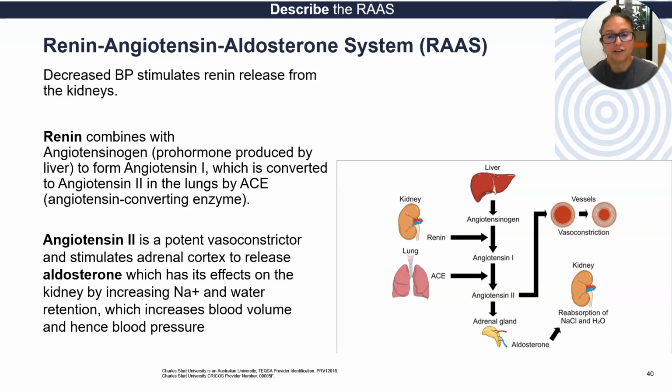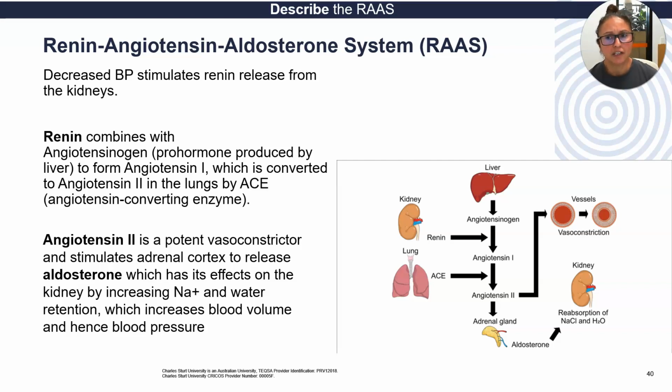This is a process that kicks in when your blood pressure drops. Your kidney keeps an eye on your blood pressure as well. Can you see how we have multiple mechanisms keeping an eye on your blood pressure, because your blood pressure is so important.